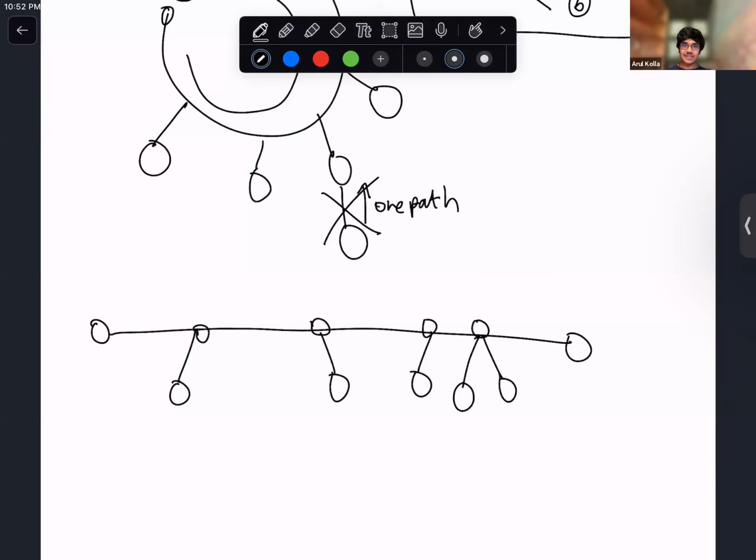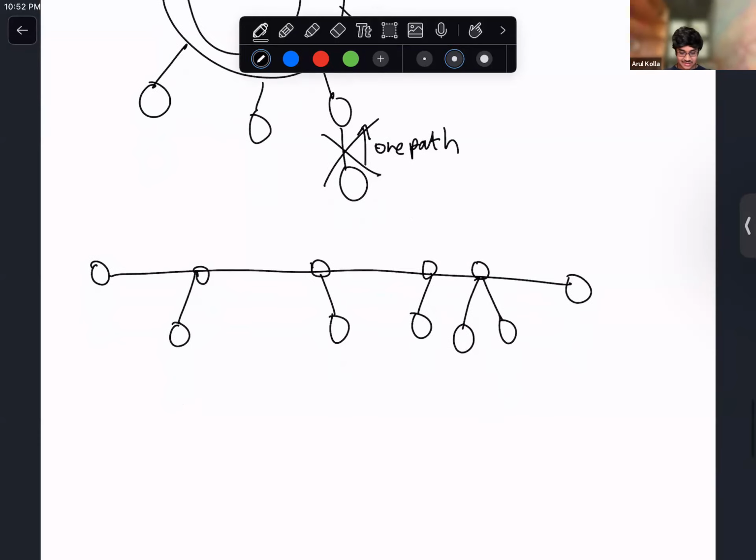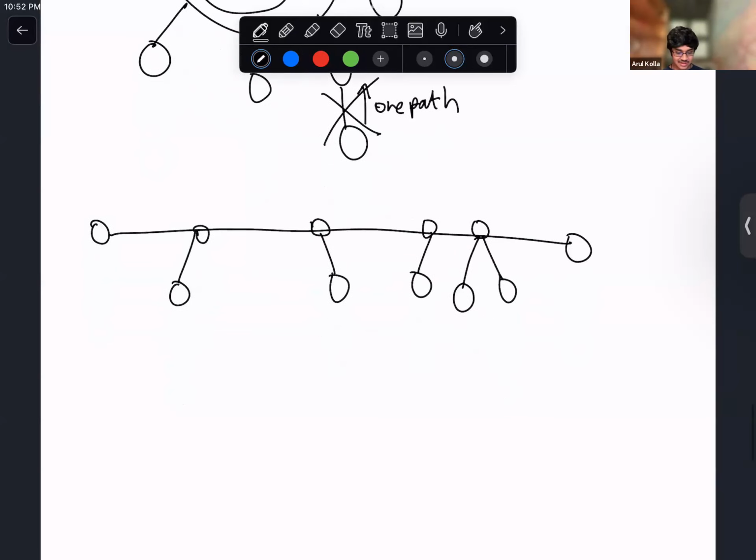So what do we have to do now? Well, before we do that, how can we solve the first subtask, which is n up to 100? You can just brute force each pair of nodes, and check for each pair whether this connection works out.